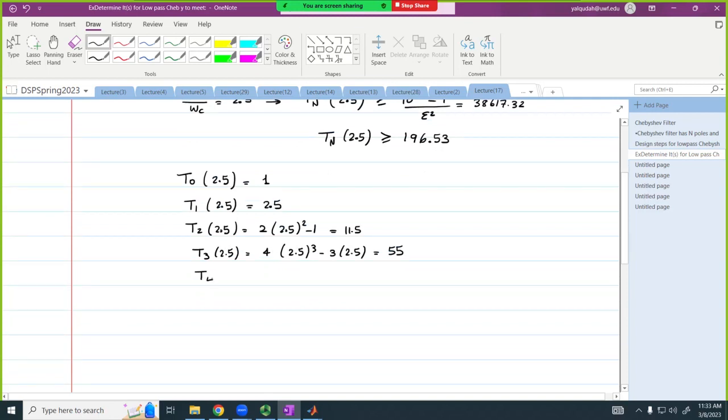We're going to calculate T4 at 2.5, which is equal to 8 multiplied by 2.5 to the power of 4, minus 8 multiplied by 2.5 squared, plus 1, which is equal to 263. So this is the smallest n that will satisfy the condition that Tn at 2.5 is greater than 196. So therefore, n is equal to 4.